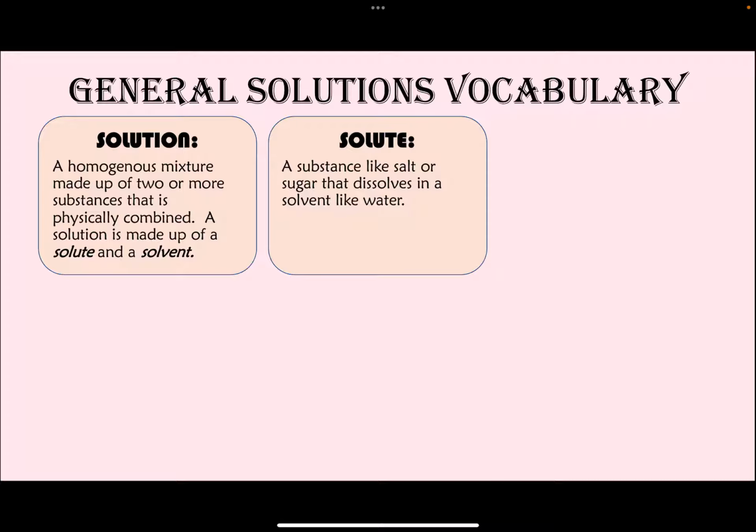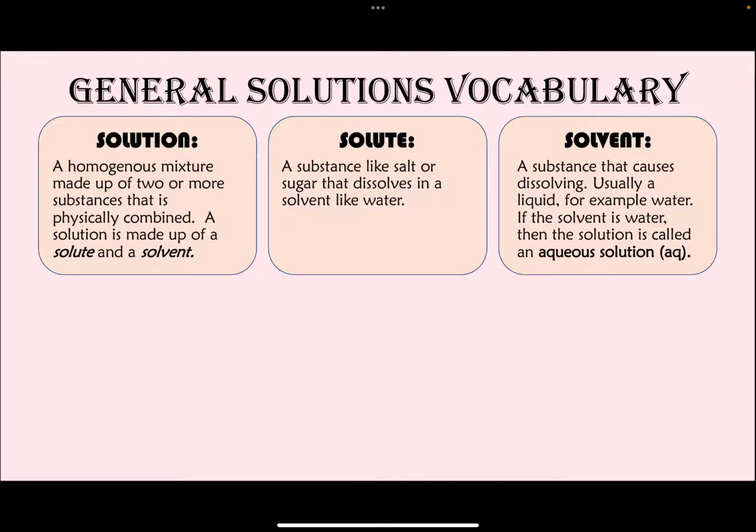The solute is the substance, for example, salt or sugar, that is being dissolved. The solvent is what we use to dissolve our solute in. For example, in the case of aqueous solutions, water is the solvent, and whatever we are dissolving in water is our solute.